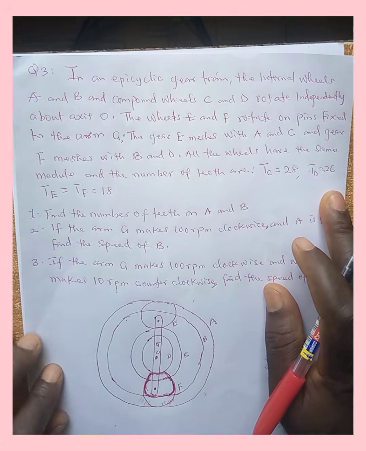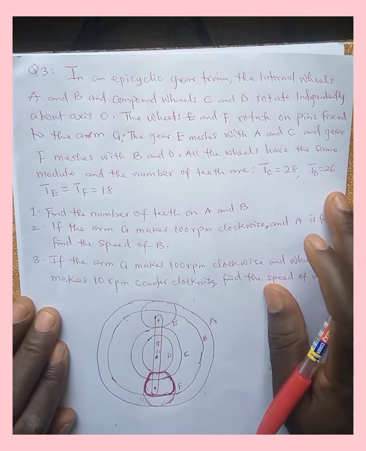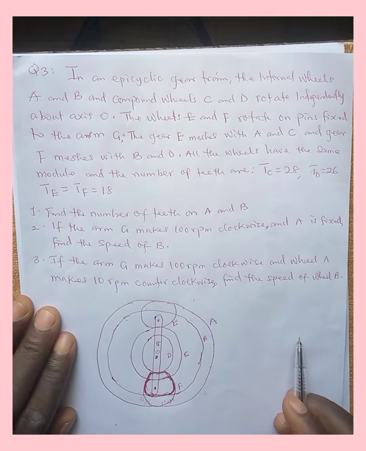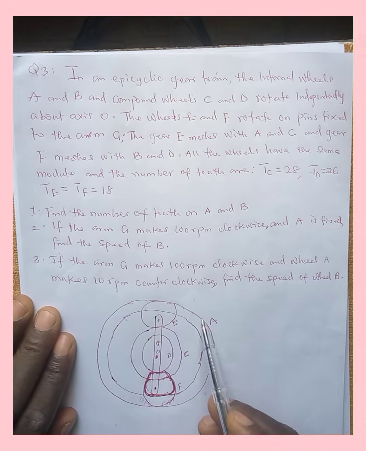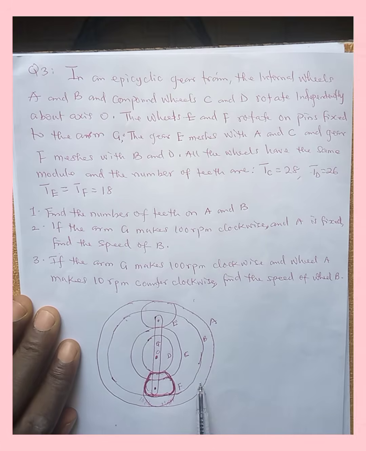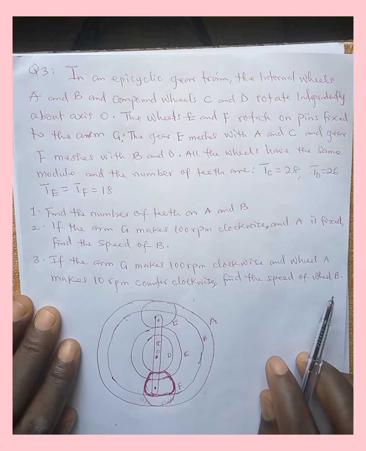Now let us look at the diagram. This is wheel A, this is wheel B. Both wheel A and B mesh internally.